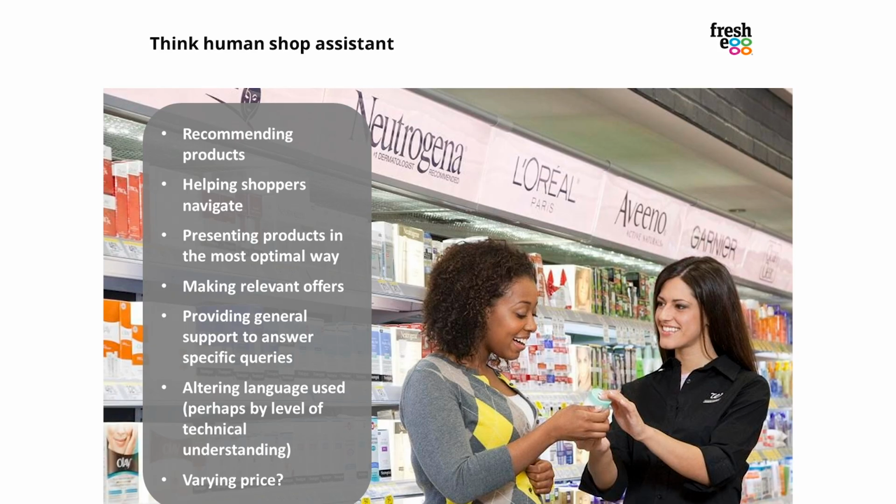In this way, you could liken it to an in-store shop assistant who might be helping users to find the right products for them and present products in a way that is suitable for those people. So if they're of a certain demographic or a certain age group, they might have the information presented to them in a different way by a shop assistant who can read what their needs are and deliver the content in the right way.